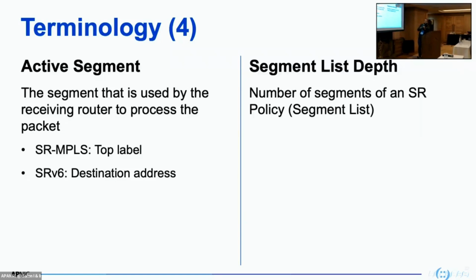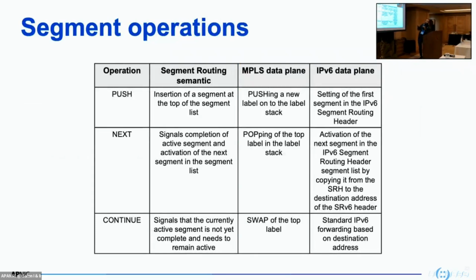Segment list depth: if multiple segments are there, how many segments or instructions do I have? Let's say I have 3 instructions, the depth is 3. Now the definition changed a little bit, even though it's not necessary to remember. So push is still the same name.